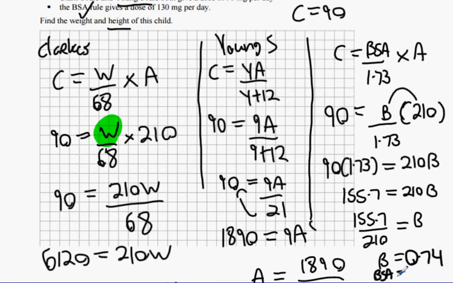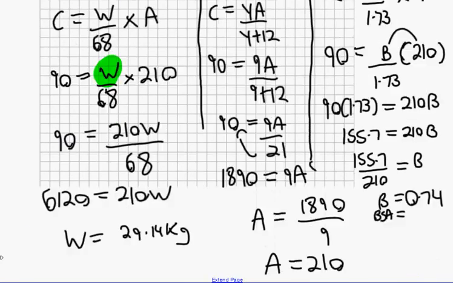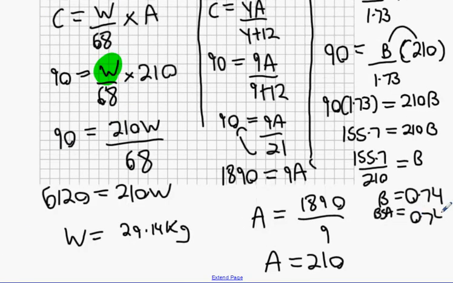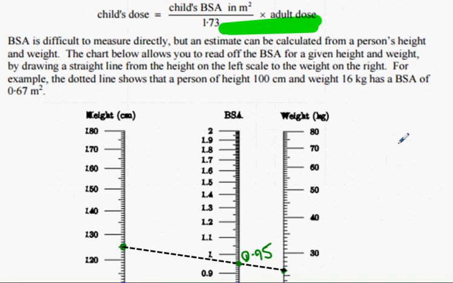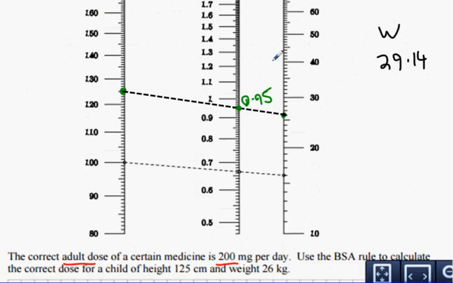That's your BSA. Now guys, look what I have to do next, okay? Here's the real trick here. 0.74 BSA and a weight of 29.14. Go to your weight of 29.14, which is located around here at the 29 mark.